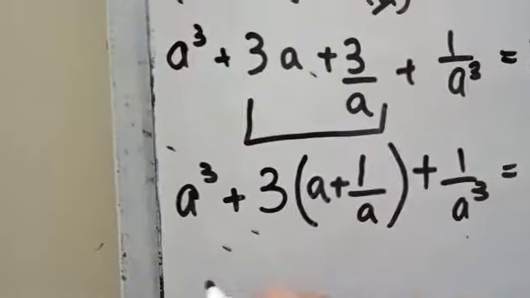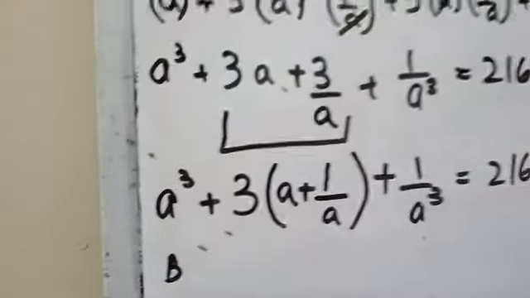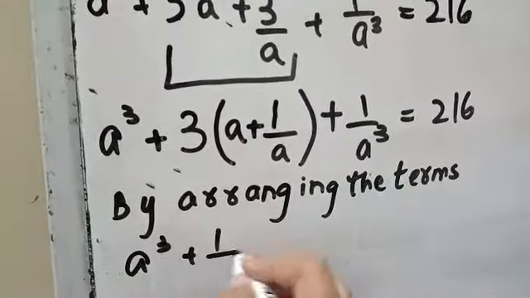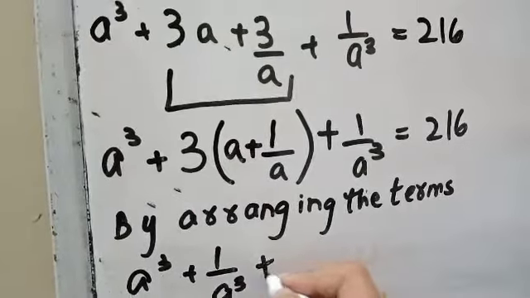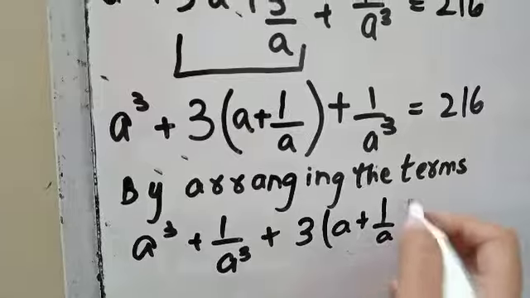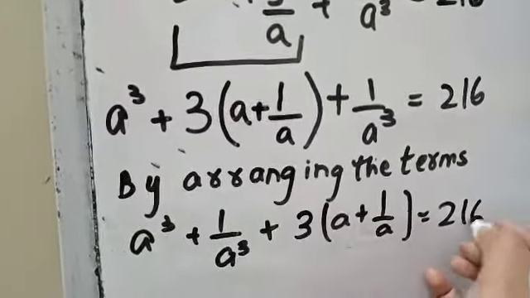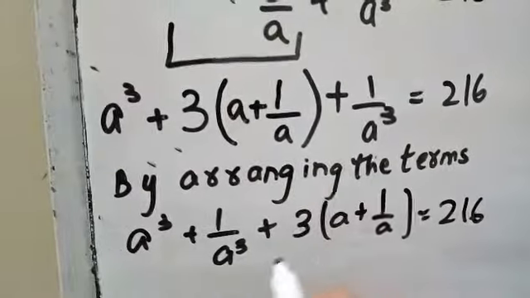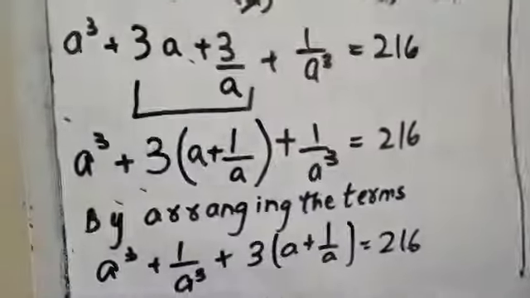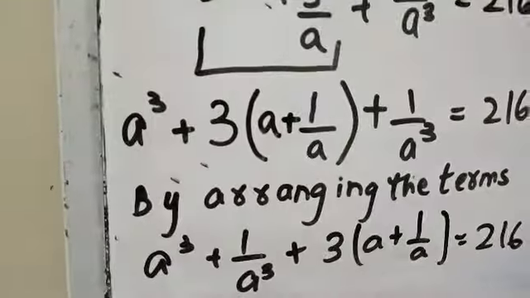Now I will arrange the terms. By arranging the terms, I get a cube plus 1 upon a cube plus 3 times a plus 1 upon a is equal to 216. Now if I look at it, a plus 1 upon a is already given to me in the question, which is equal to 6. So I will replace a plus 1 upon a with the value.